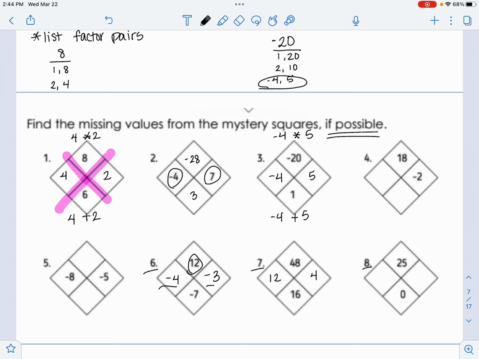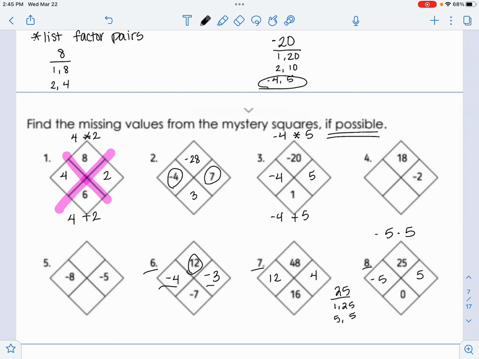Now +25 and 0. Some of you might have -5 and 5, because that adds to 0. But the problem with that is -5 times +5 is not +25, that's -25. If we think about the possible factors that multiply to 25, it's just 1 and 25, and 5 and 5.